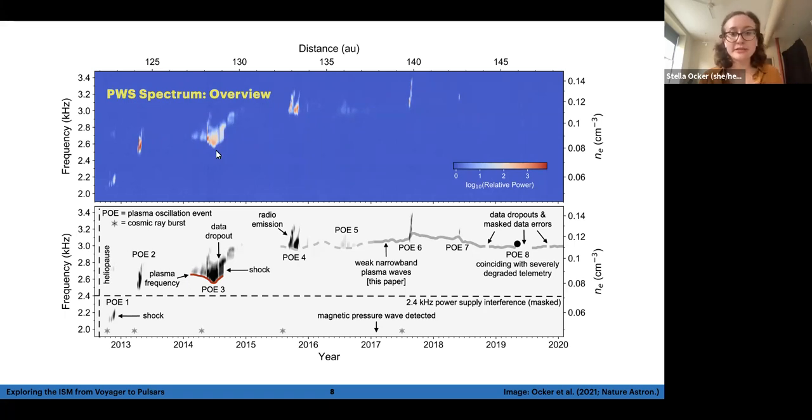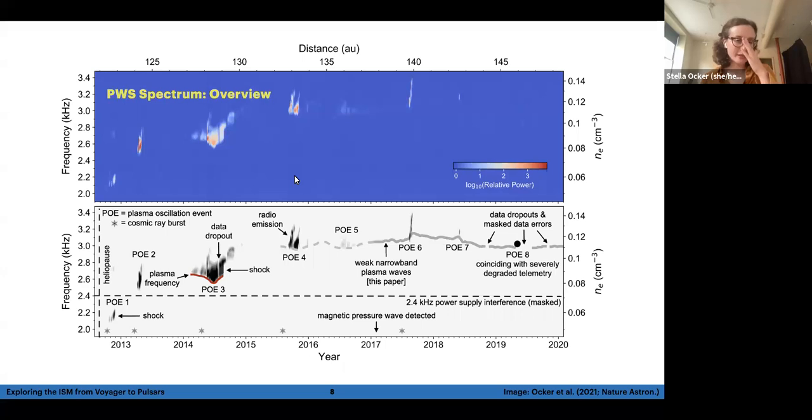The lower frequency cutoff of these plasma oscillations is equivalent to the plasma frequency, which is directly related to the plasma density. So by tracing the frequency of these plasma oscillation events, we can actually infer the plasma density along Voyager 1's trajectory. And you can see the density on the right-hand axis here.